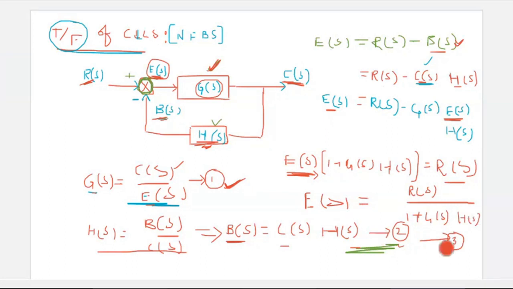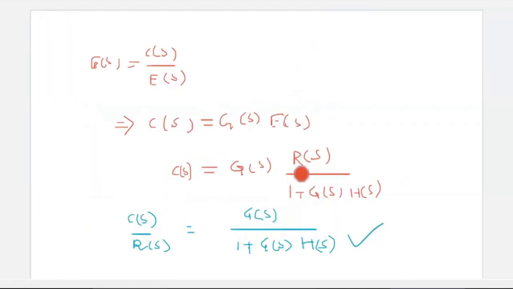Similarly, we substitute equation number 3 in equation number 1. By substituting, we get C of S is equal to G of S into E of S, and the E of S value is R of S by 1 plus G of S into H of S. We know transfer function is the Laplace transform of output to the Laplace transform of input.